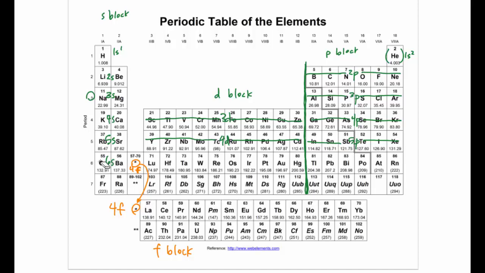So then if we did 6S, then went all the way through 4F, then what would come next after 4F? 5D. Then over here, 6P. Yep. Then down here, 7S. Then what? 5F. Put that here.